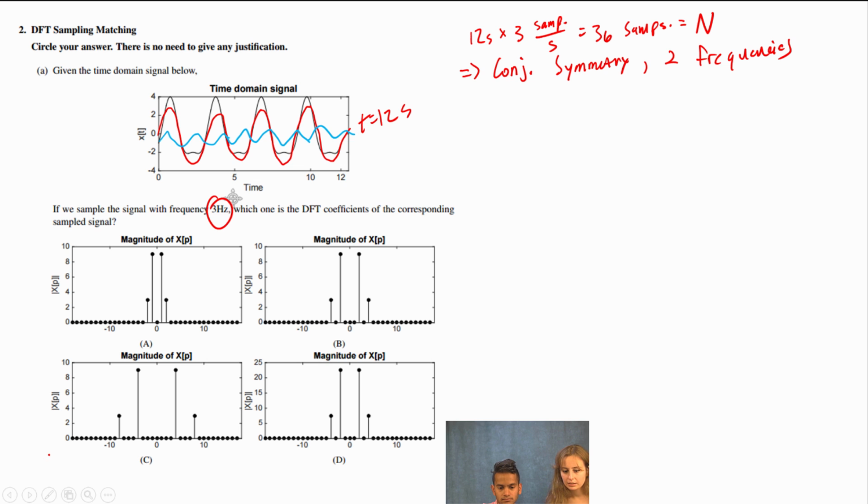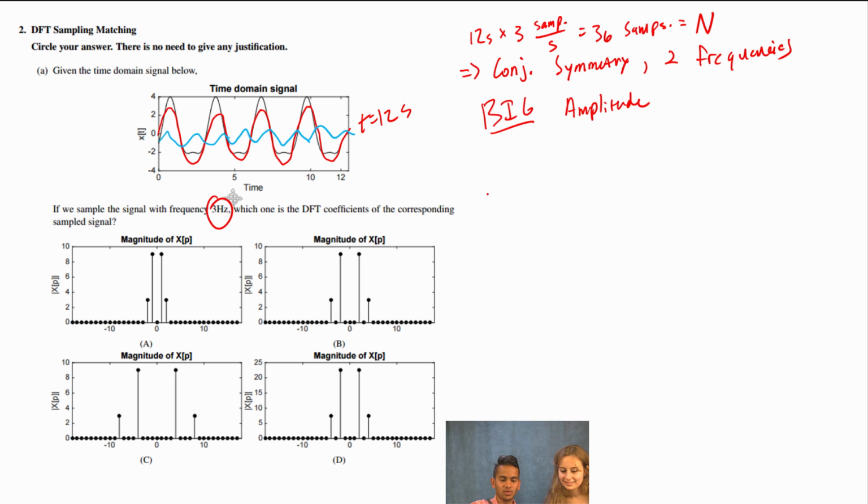If we start from that, how do I know where the point k is? We know where the signal is based on the frequency of that signal. So we have to calculate the frequency from our period. I have a different way from Belize, so we'll do my way first, and then we'll do Belize's way next.